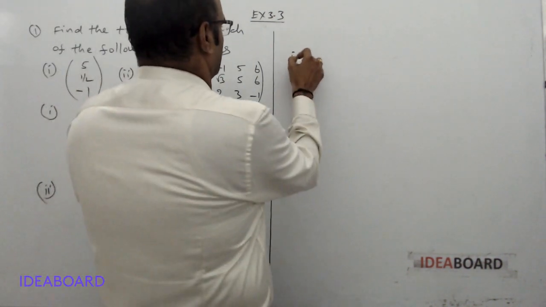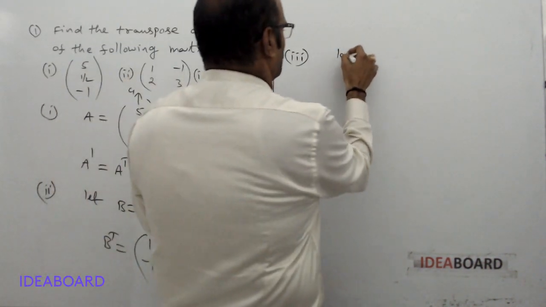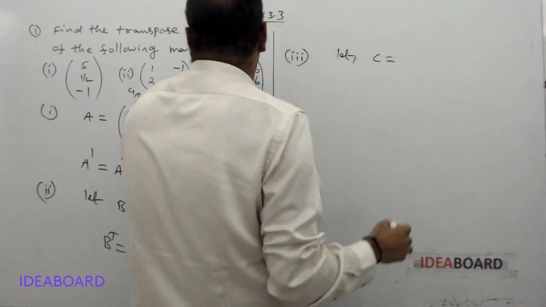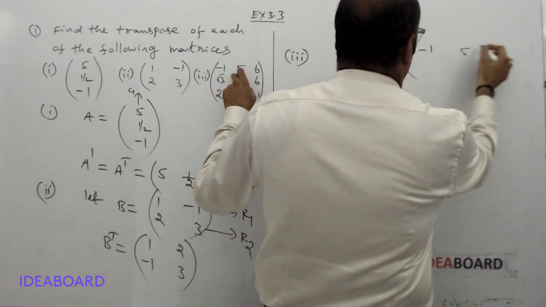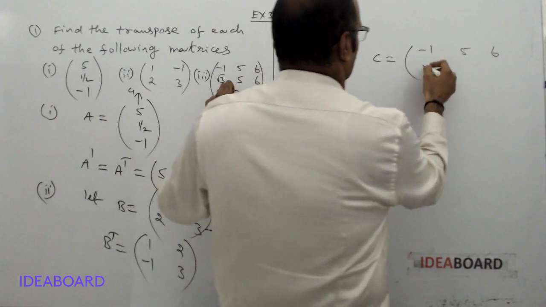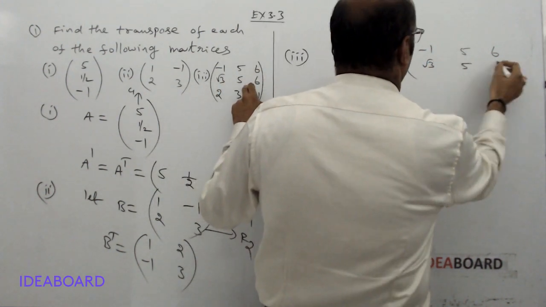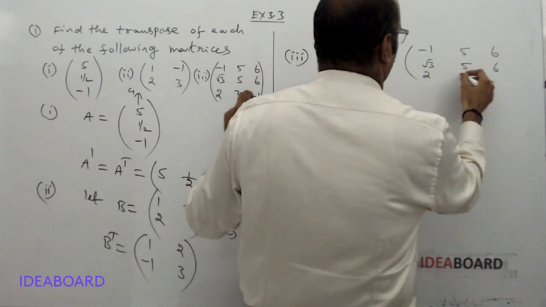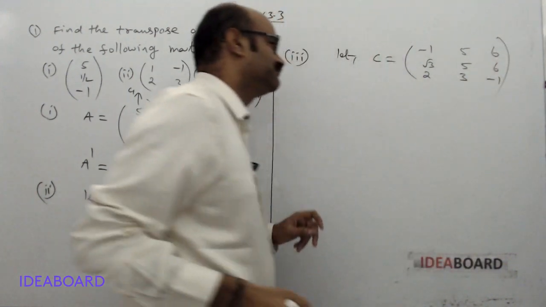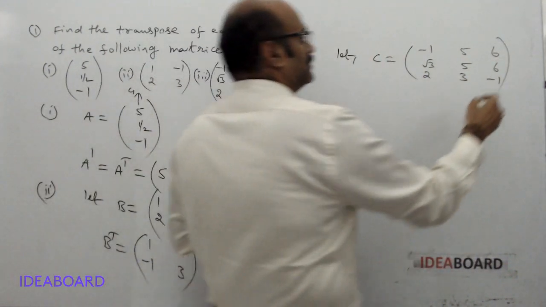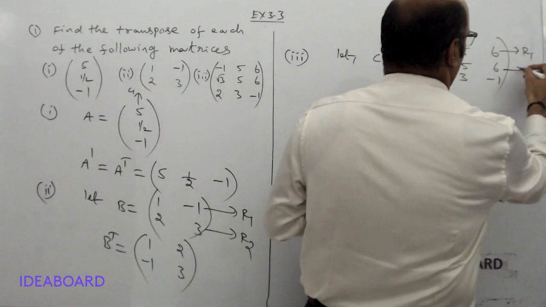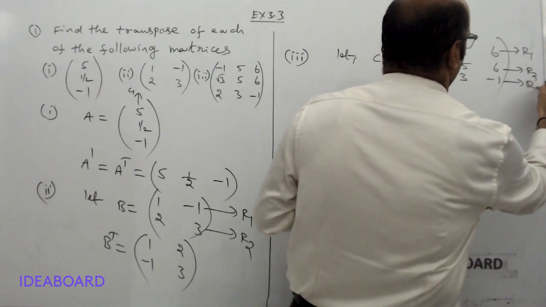Third one. Let C equal to minus 1, 5 by 6, root 3, 5 by 6, 2, 3, minus 1. You take it as R1, R2, R3.